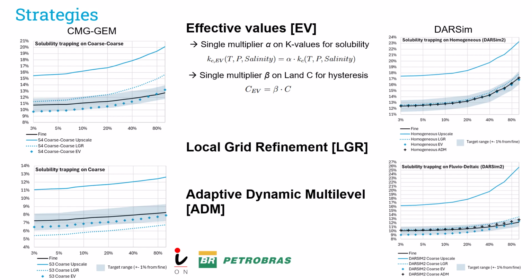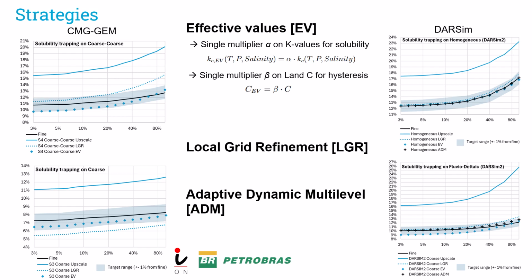And finally, in adaptive dynamic multilevel, we select if we run the transport equations in fine grid or in coarse grid, depending on the change of the concentration of CO₂. And by doing so, we can select if we use coarse or fine grid in the most appropriate way.